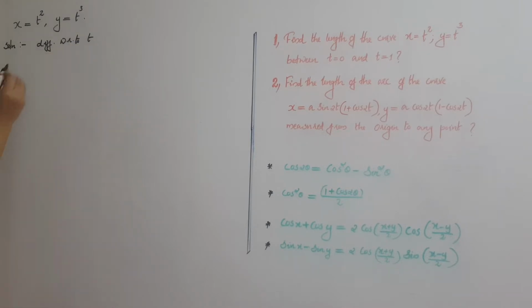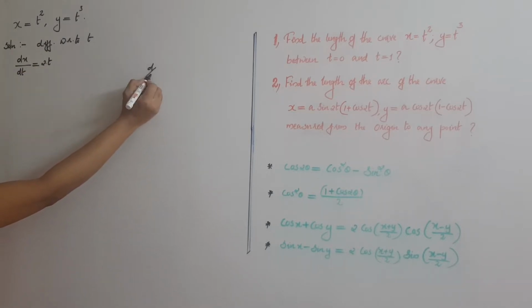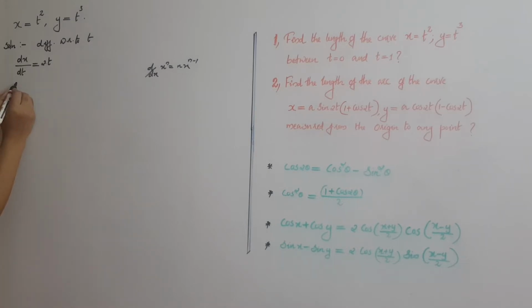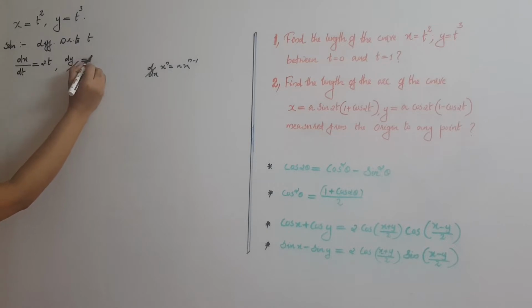Then we get dx by dt is equal to 2 into t. We know that d by dx of x raised to n is n into x raised to n minus 1. Now the second equation becomes dy by dt is equal to 3t square.